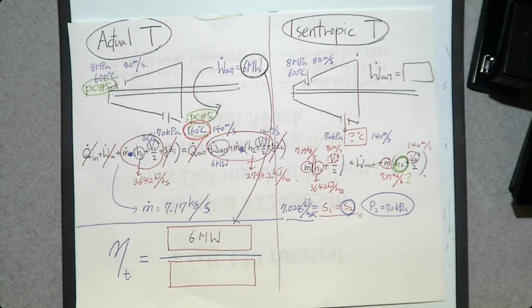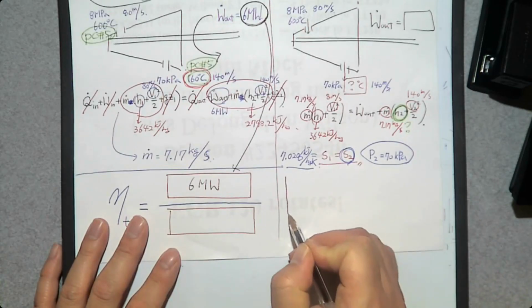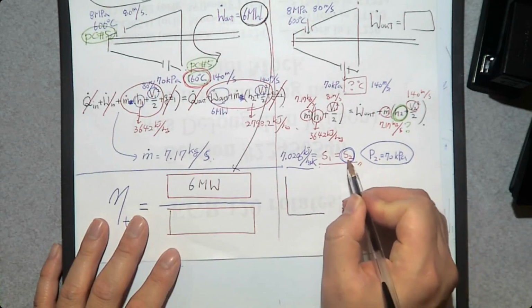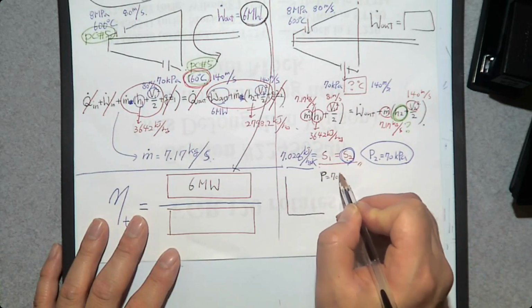So, how can you determine h2 if you know pressure and entropy? It depends on the phase change process. Wait, didn't we say it's a superheated vapor? Yes, in the actual turbine. In the isentropic turbine, not anymore. So we need to determine the phase change process one more time. How can we do that? By using a property diagram. And we know pressure and entropy. So I'm going to make a T-s diagram at this P, 70 kilopascal.